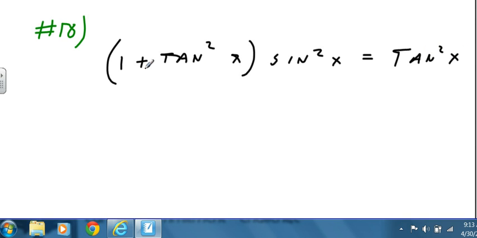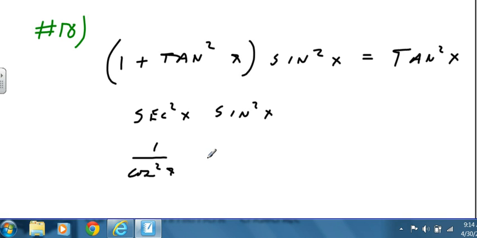Well, 1 plus tangent squared, we remember, we turn our page over, we look in front of the book or do something, and we remember that 1 plus tangent squared is going to be secant squared. So this is secant squared x times sine squared x. And secant squared is 1 over cosine squared times sine squared x. And that's supposed to equal tangent squared x.